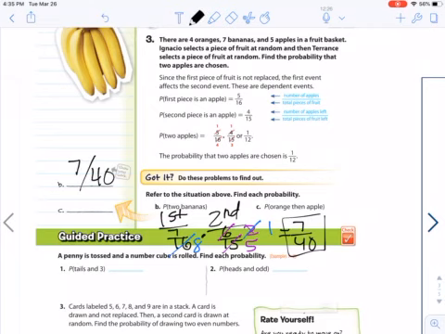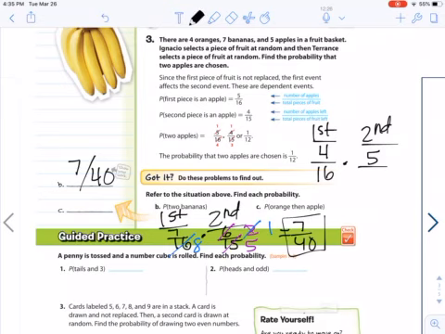And then for C, I'm going to work over on the right side. We have our first pick and our second pick. So for your first pick, the probability that you get orange is 4 out of 16. And then you're going to keep that orange out. You go in and you choose apples. So there's 5 apples to choose from.